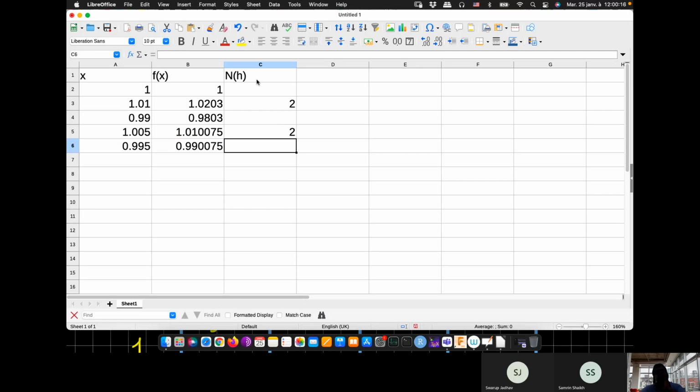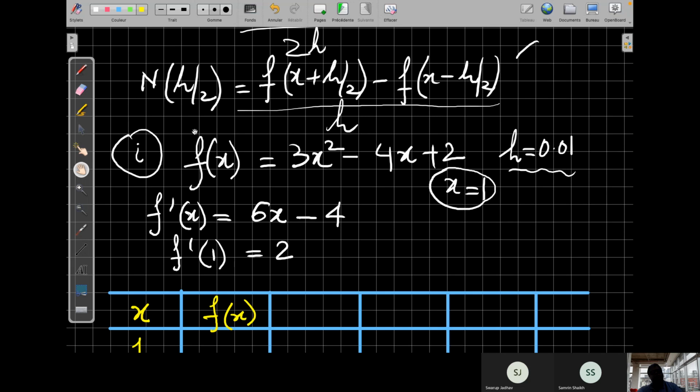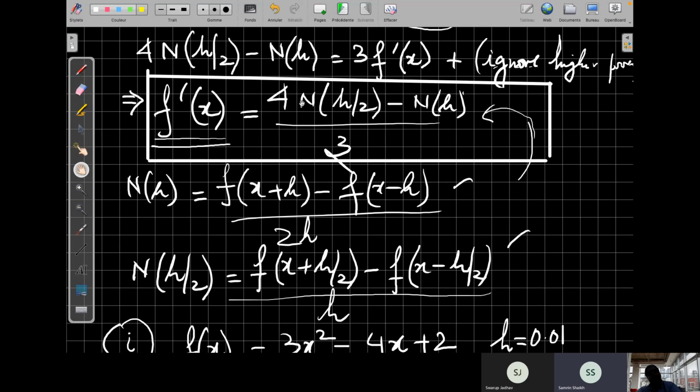Here also this 2 came. Now I have to calculate that expression. Can you tell me what the expression was? Four times, please see this. Four times this value, which is 2, minus this value, which is 2. So 4 times 2 is 8, correct? 8 minus 2, how much is it? 6. And 6 divided by 3 is 2. The derivative was 2 just now, right?